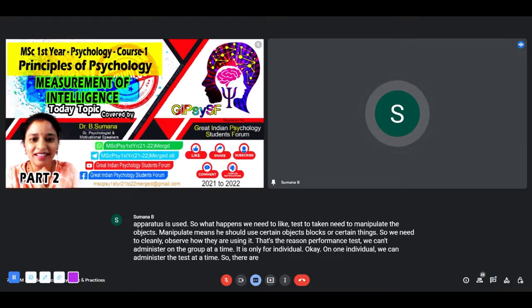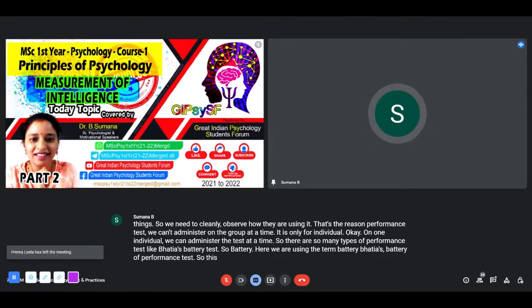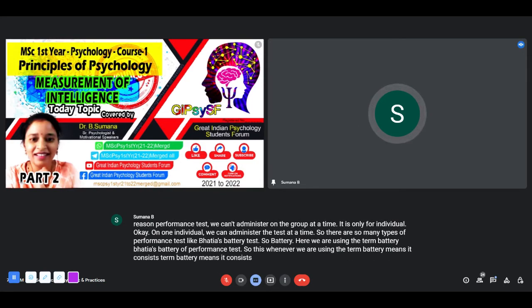There are many types of performance tests, like Bhatia's battery test. Here we are using the term battery, Bhatia's battery of performance tests. Whenever we use the term battery, it means it consists of subtests, which include other tests. There are 5 subtests in Bhatia's battery.